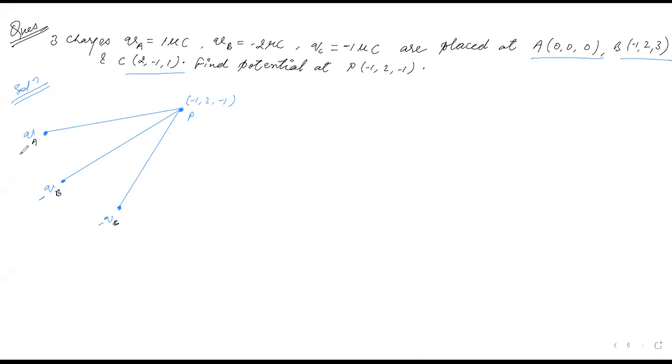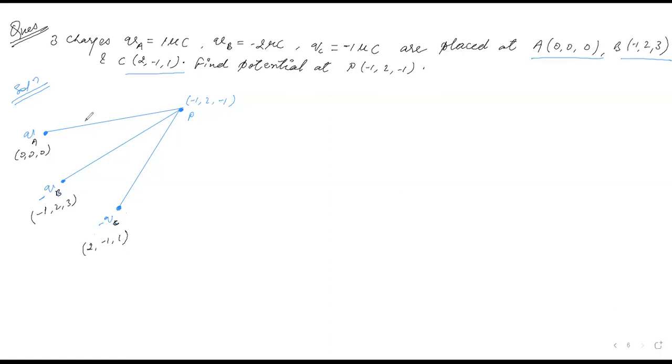All of the coordinates are given: QA is at (0, 0, 0), QB at (-1, 2, 3), and for C it is (2, -1, 1). These are the total 3 points which are given here.